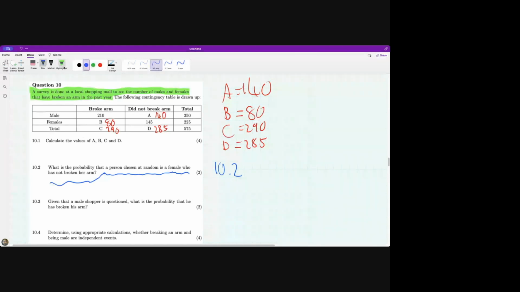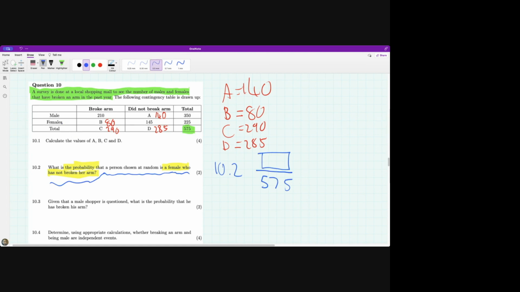I'll highlight some key words, but I think 575 is an important number, but what is going to go above that?